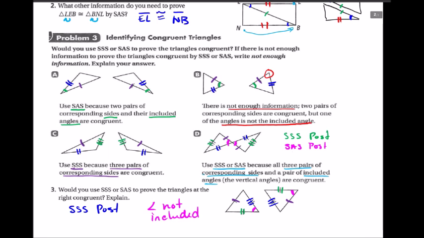So these are very straightforward. Instead of looking for all corresponding sides to be congruent and all corresponding angles to be congruent, we have now said, yes, there is an easier way. If all 3 sides, corresponding sides, are congruent, then your triangle is congruent. That's our SSS postulate.